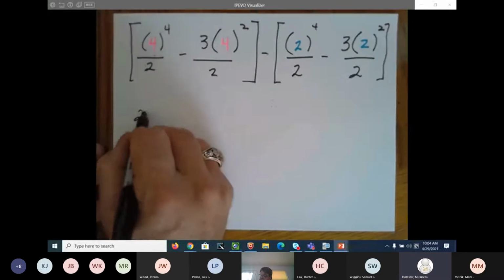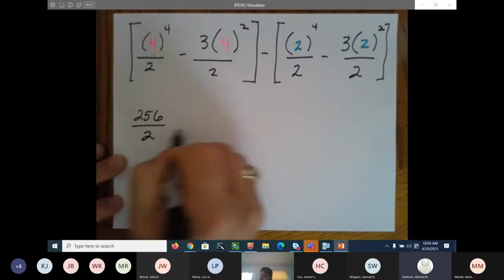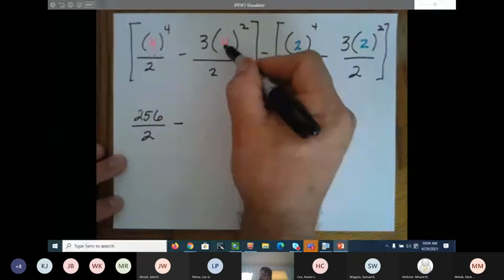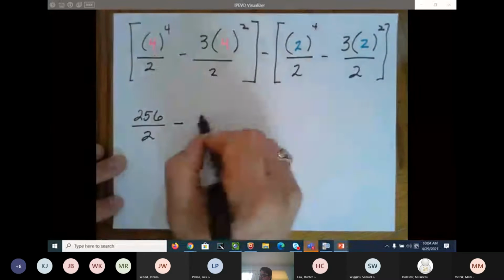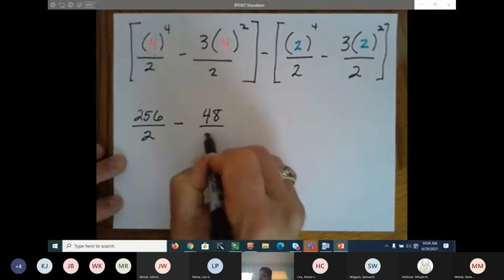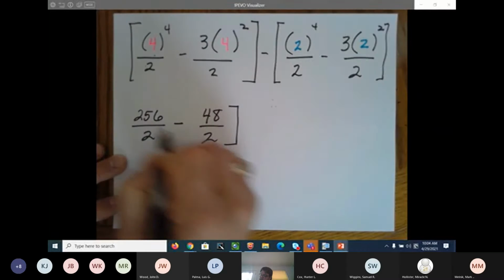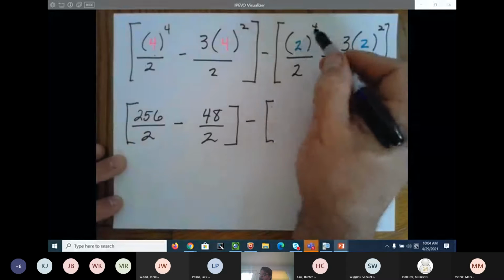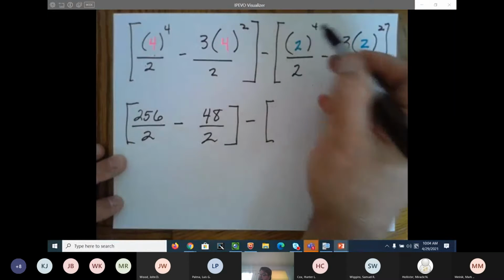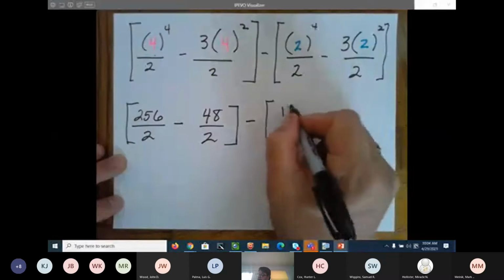Yes, 256, divided by 2, minus 4 squared is what? 16. 3 times 16 is 48. Two to the 4th power is 16. So that's 16 over 2, I think. I hope.